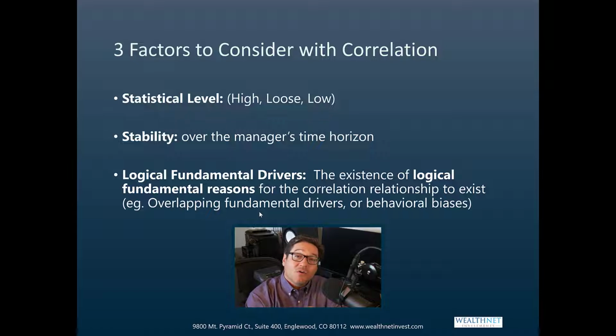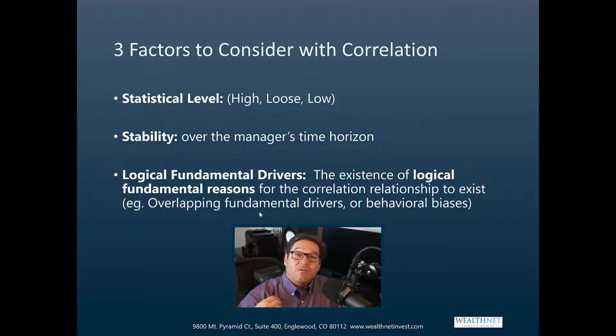And then lastly, in correlation, we want to look at the logical. This is probably the most important part. What are the logical fundamental drivers that will actually indicate that this is a logical correlation relationship? You can have a lot of spurious correlation. It goes back to that old concept that correlation does not necessarily mean causation.